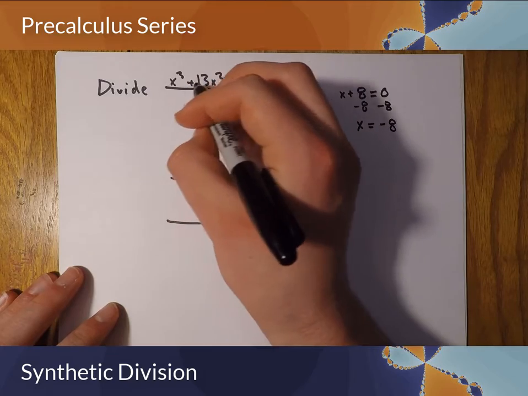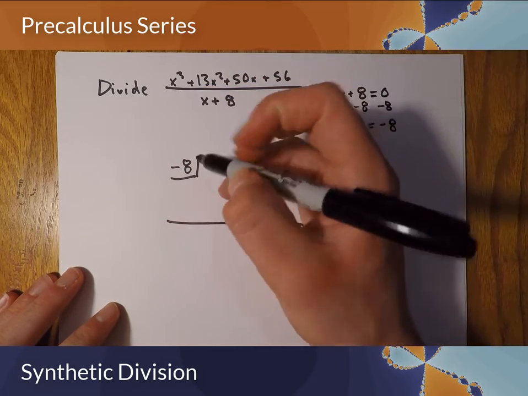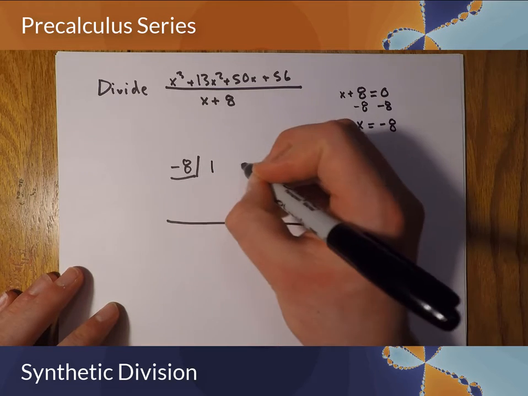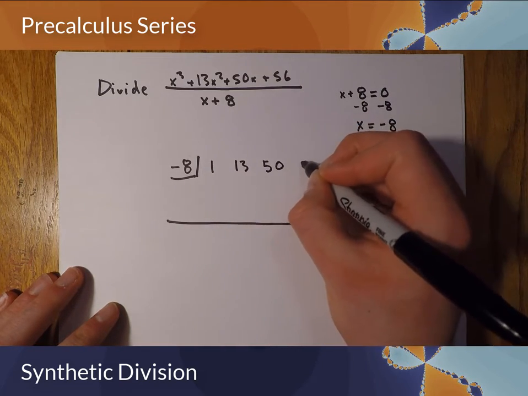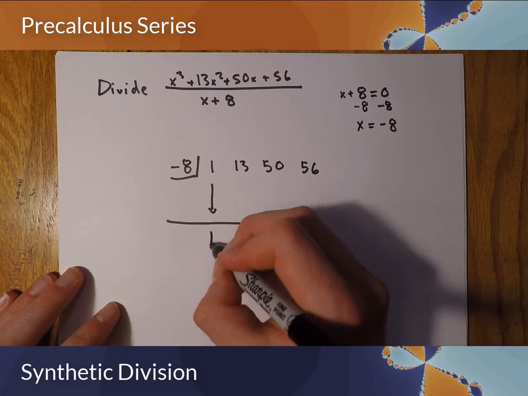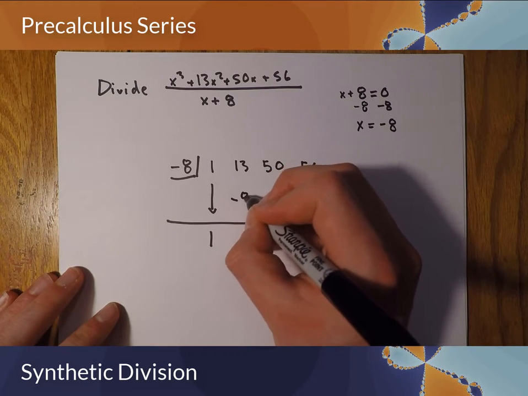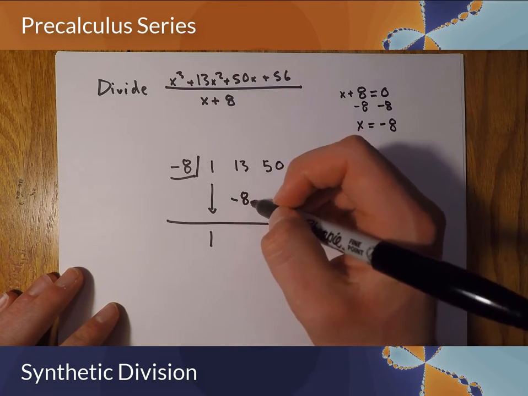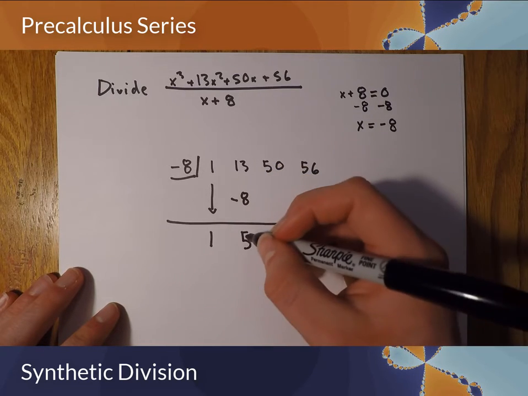And now we put all the coefficients of the number on top. So we have 1, 13, 50, and 56. You bring down the first coefficient. You multiply this by a factor of -8, so you get -8 right here. You add these numbers together. 13 plus -8 is 5. Then you do it again.